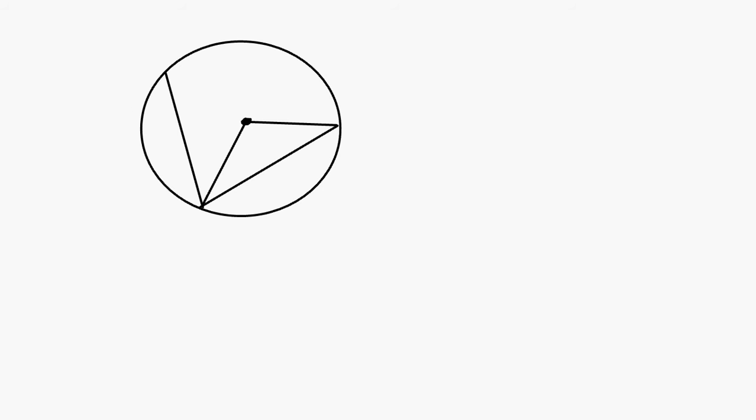You're told that these 2 chords are congruent to each other. You're told that arc RS is x degrees, and you're given this angle measure right here that's 89 degrees, and you're asked to find the value of x.